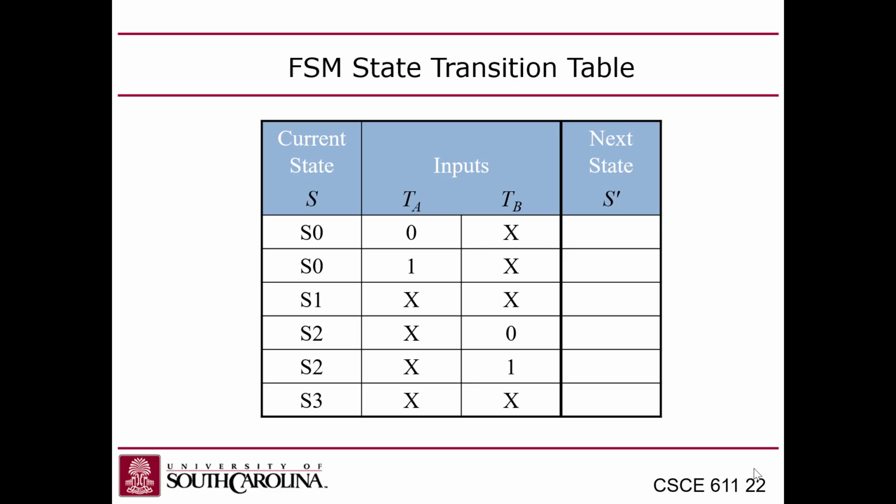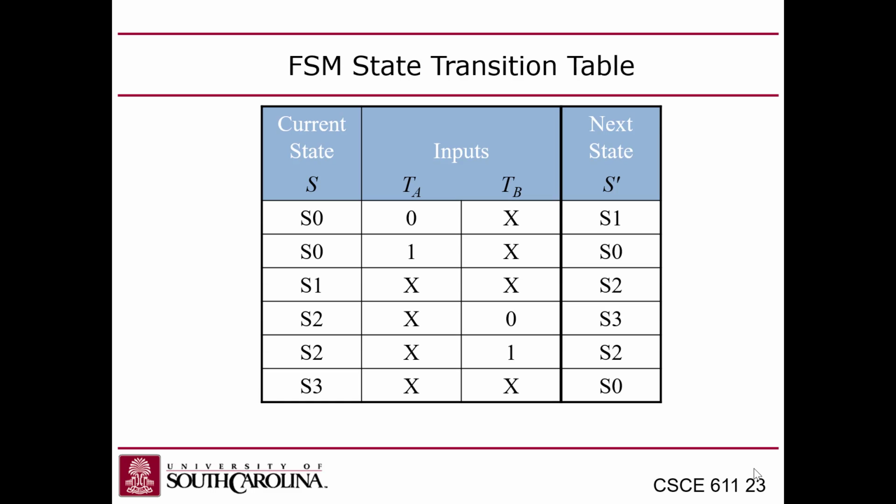So the transitions are describable with a next state table or state transition table, which is really just a truth table. But notice that on this truth table we've got the inputs, and then we've got the current state as a column and the next state as a column.